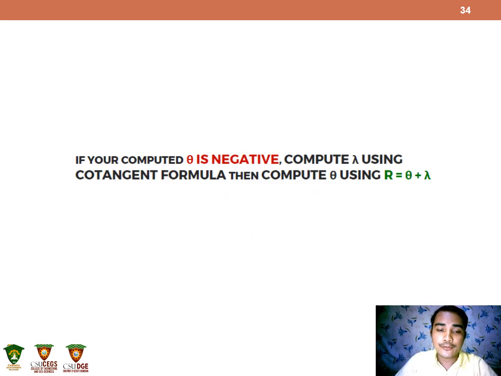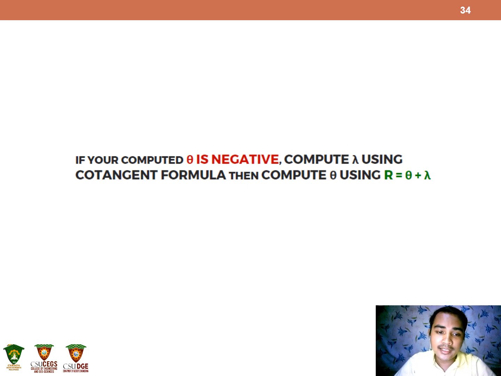So this is the important note. If you are going to calculate the resection using theta, or in terms of theta, and if the computed value is negative, then you need to use another formula, which is in terms of lambda. Same lagi hapon katong kaganina, di ba? Duha to ang formula in terms of theta and in terms of lambda.